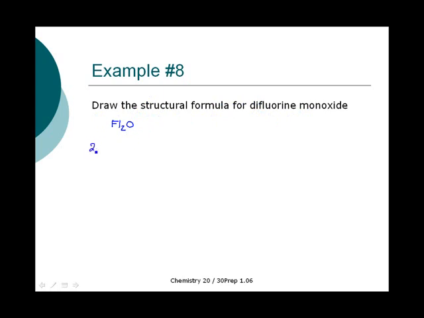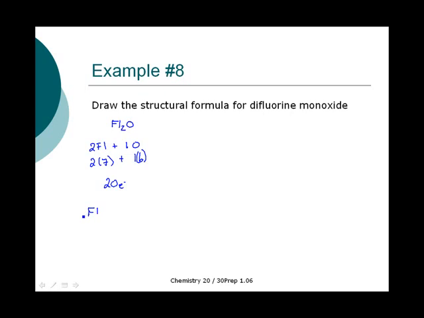In terms of electrons, we have 2 F's plus 1 O. Fluorines have 7 valence electrons, so 2 times 7 plus 1 times 6. So we have 20 electrons.